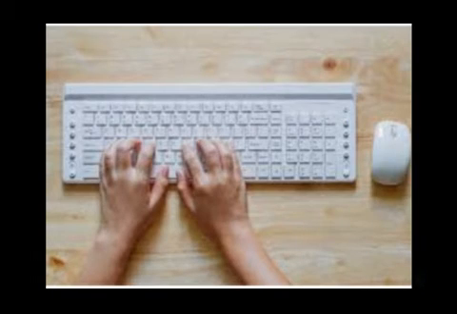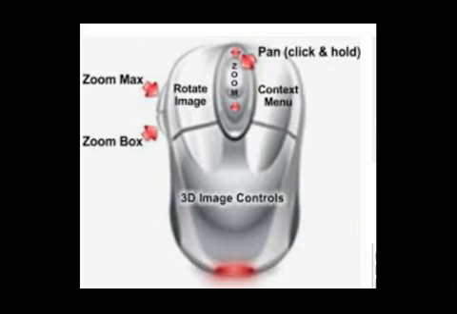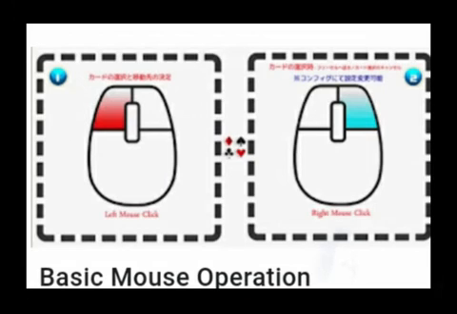Next session describes keyboard and mouse operations. Through the keyboard we can type text and enter it into the computer. With the help of the mouse, different click actions are there: left click, right click, double click, single click. Single click selects the file or folder. Double click opens the application, file or folder.